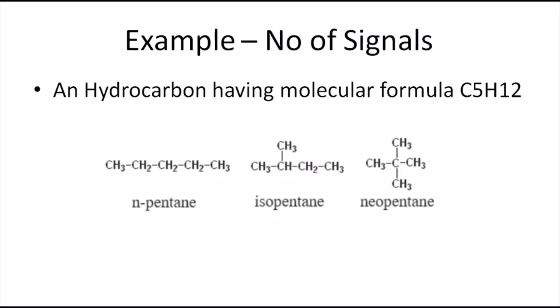If you calculate the double bond equivalent, that is 0, and therefore it is a simple hydrocarbon. You need not worry. There is no ring. Even if a ring is present, the double bond equivalent would be 1, and therefore the double bond equivalent is 0 for this molecule, and therefore it is an aliphatic chain hydrocarbon.